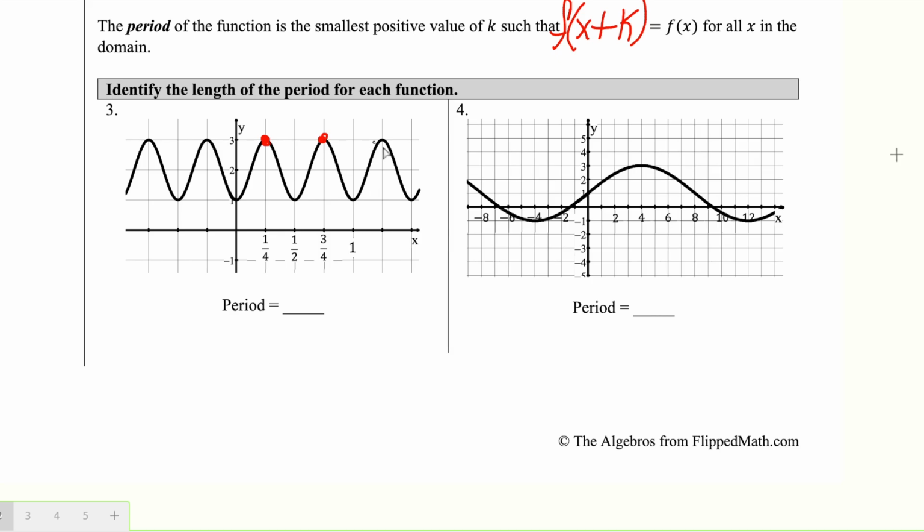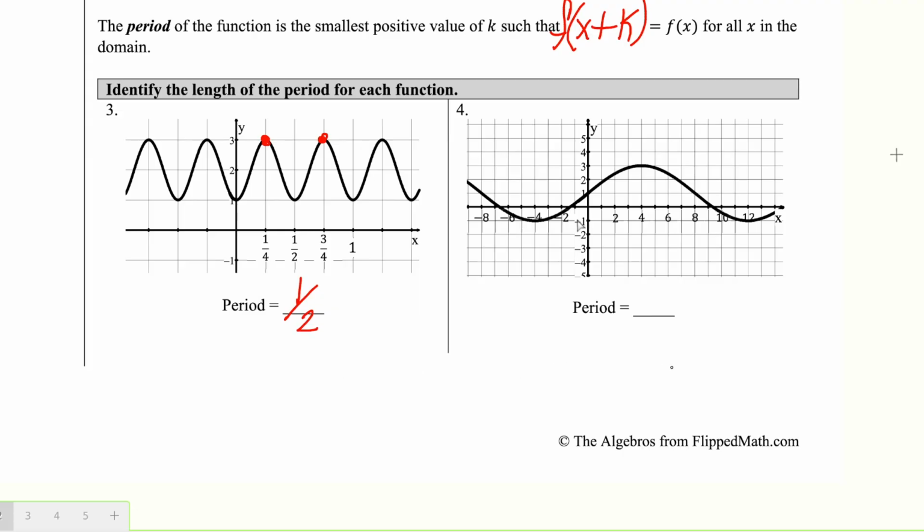Goes down, then starts again. So this is its first match where it is starting again. From here to here, what is the difference between 3/4 and 1/4? How much is that, guys? A half. So its period is a half.